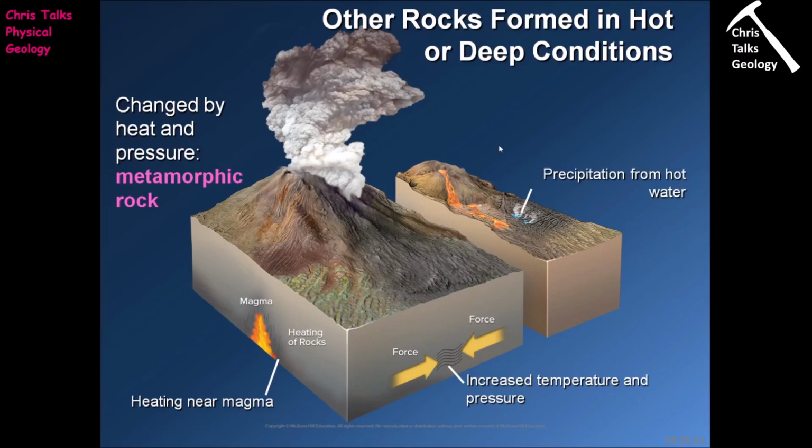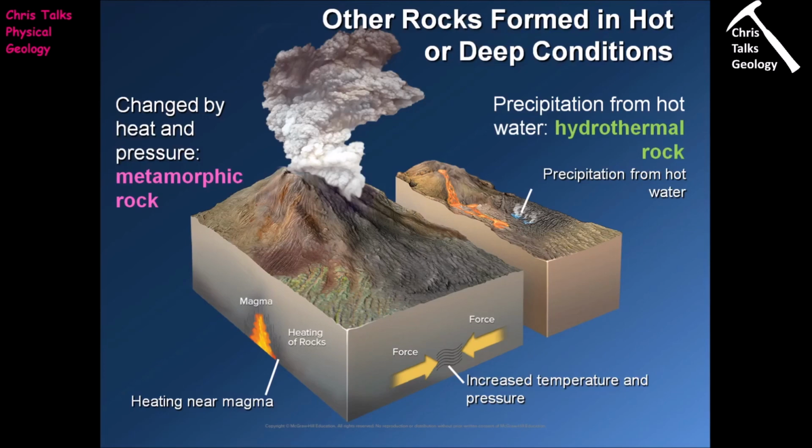Now, the final type of rock are the hydrothermal rocks, and these are formed from minerals which precipitate from hot water. So what you have to remember is that although it doesn't look like it, the Earth's crust is absolutely stuffed with water. There's loads of it in there. And as that water gets heated up, it naturally starts to circulate. And as the water circulates through the rock, it does what we call scavenge.